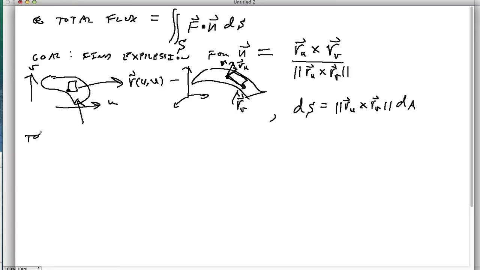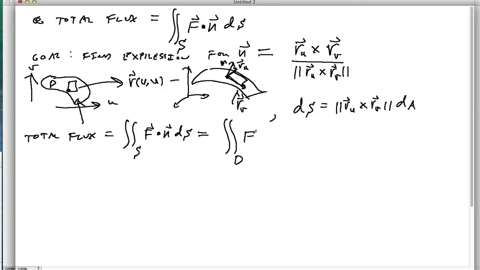So then our total flux, which we said was this, we can write as the integral over our domain D in the UV space of our vector field evaluated at the vector function, dotted with, now we're going to replace the normal vector with this quantity here and multiply dS by this, and we see that those are going to cancel.